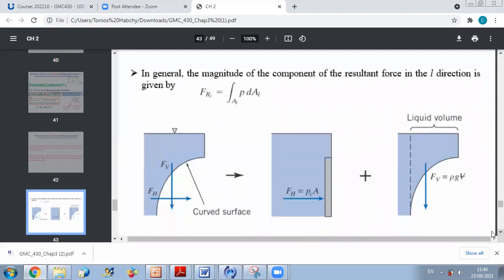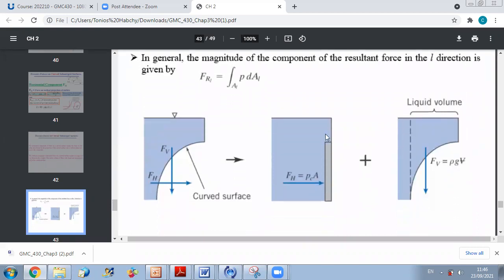Now this slide illustrates how we can divide the two components. So we will work with two components when we deal with the curved surface, a horizontal and a vertical component. Concerning the horizontal component, as we said, we do the projection of the curved surface on a vertical plane, okay?